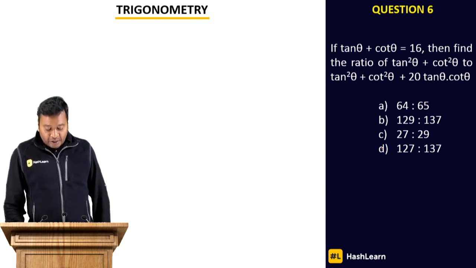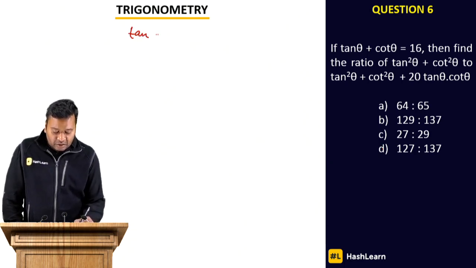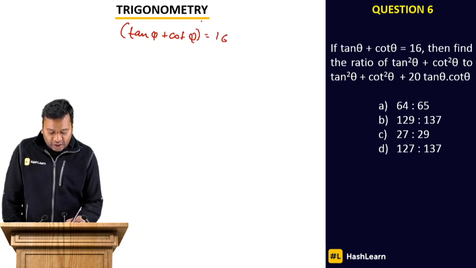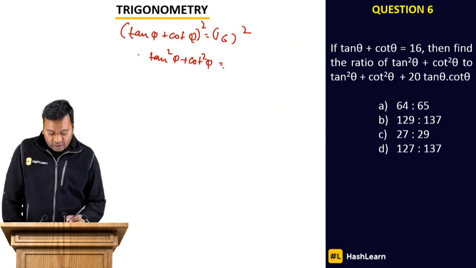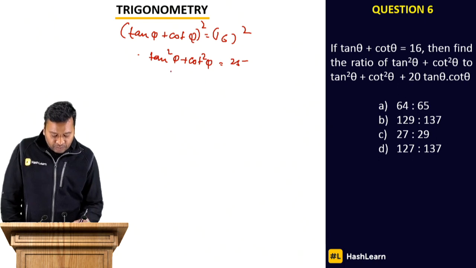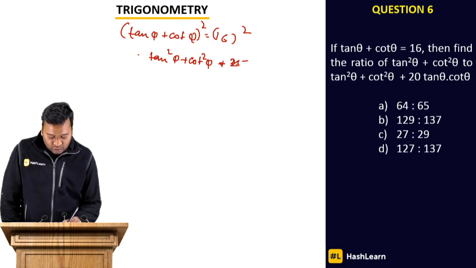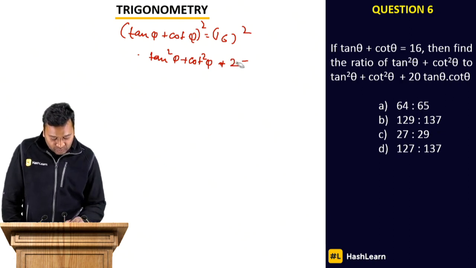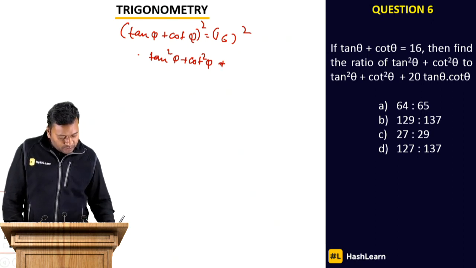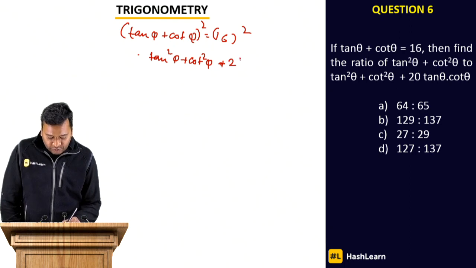So tan square theta and cot square theta, that represents tan theta plus cot theta is equal to 16. I'll do one thing, I'll take square on both the sides. So tan square theta plus cot square theta plus twice of tan theta into cot theta is supposed to be 256.